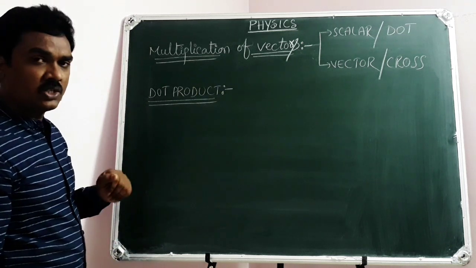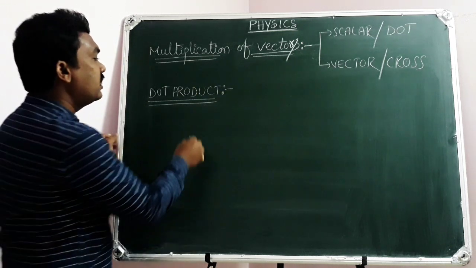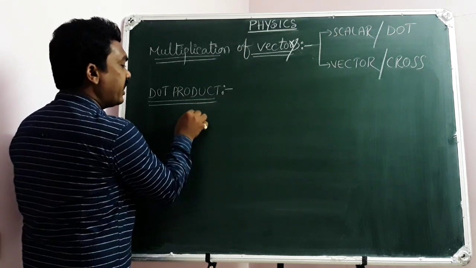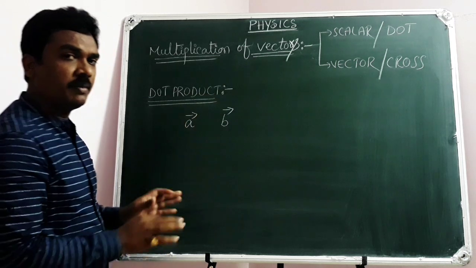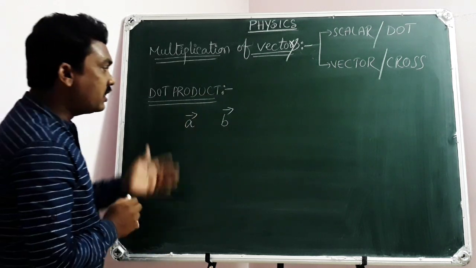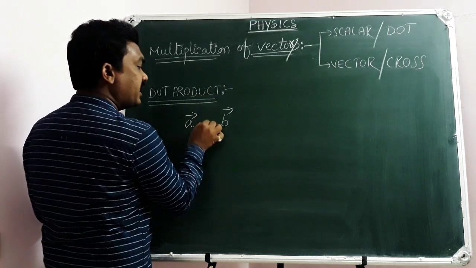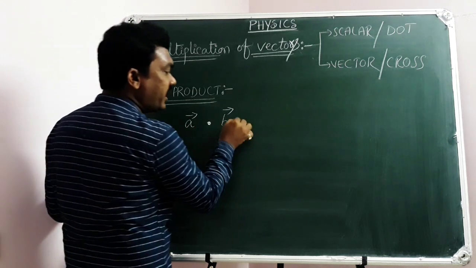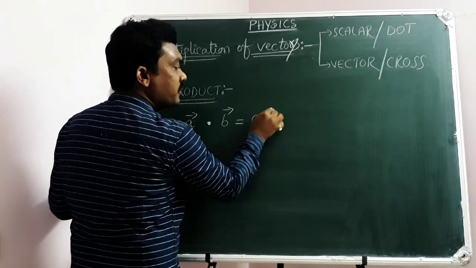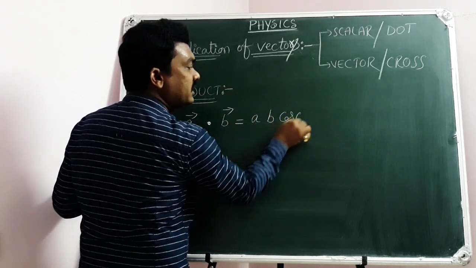Here, to explain this dot product or scalar product, let us take first of all two vectors a bar and b bar. These are two different vectors, a bar and b bar. Now here their dot product will be represented as a bar dot b bar, which is defined as a b cos theta.